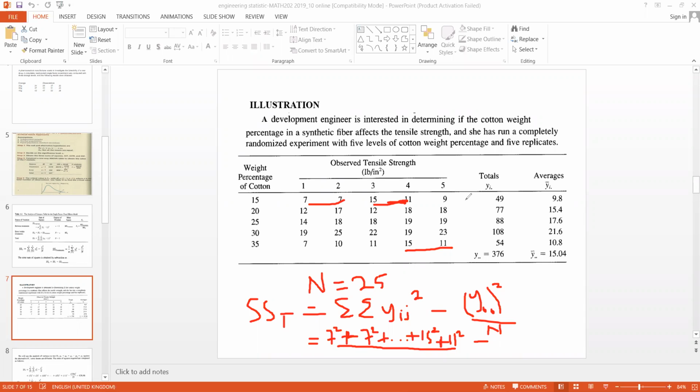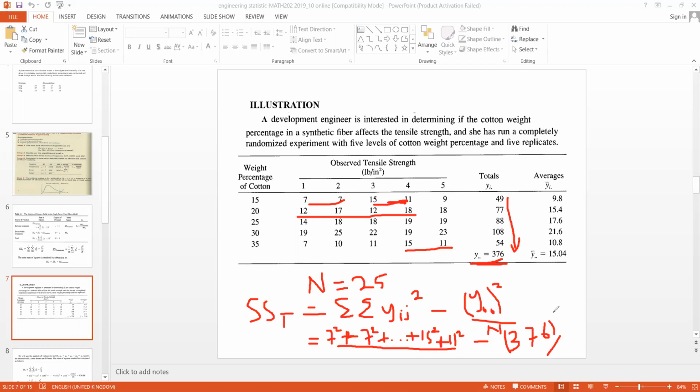Okay, and then you do the same for this row. That will be 77. Do the same for the third row, fourth row, and the fifth row. Then when you are done, you sum across the rows. That will give you the Y naught naught, which is 376. So that should give us 376 over your N. Don't forget there is a square there.